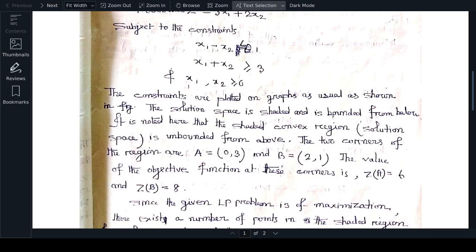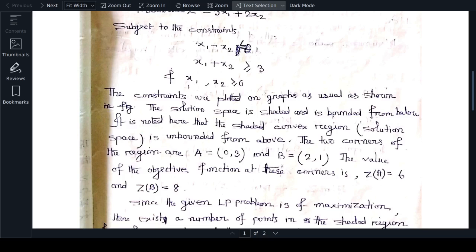Otherwise, we cannot get the straight line, because for drawing one straight line we need 2 points. So if we make it equality, put one variable 0, then we get the other variable's value, and then we get the 2 points.